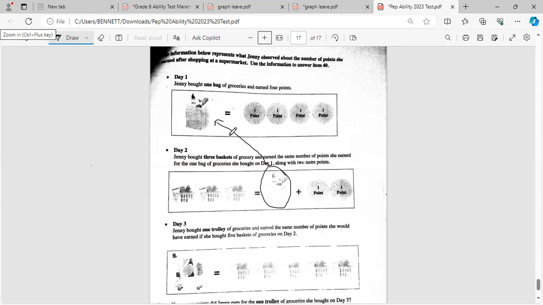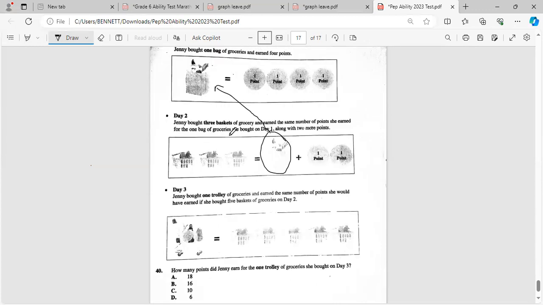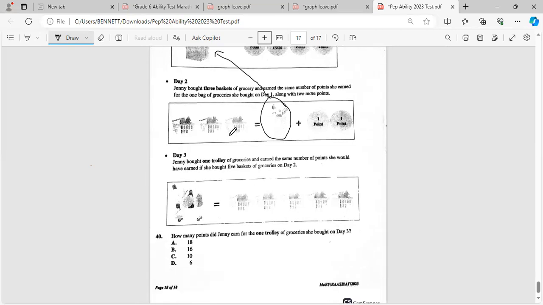As we said, 3 baskets are equal to 6 points. So the answer is 10. Everybody agree? Yes, sir.